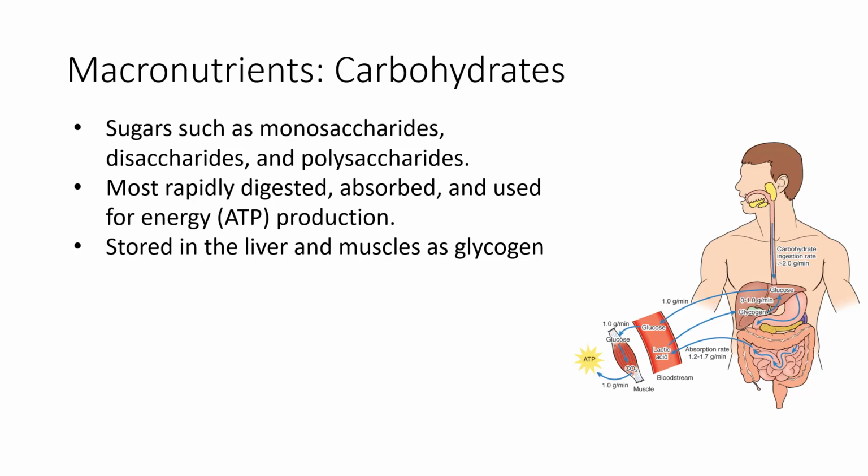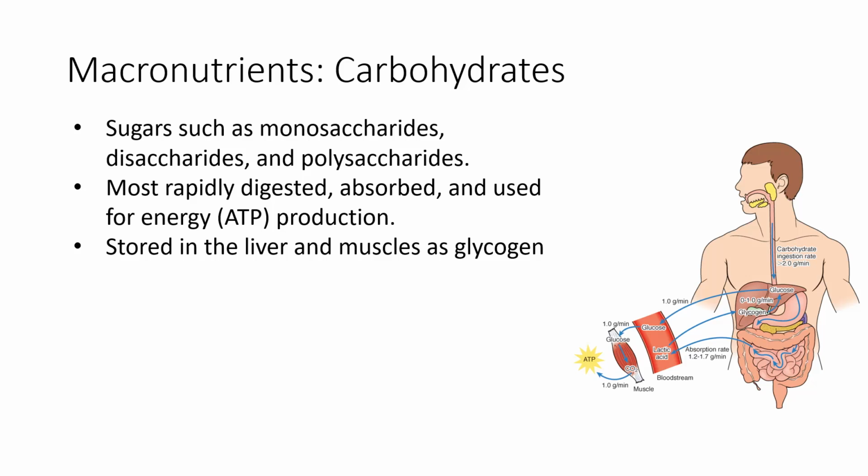Carbohydrates are sugars such as monosaccharides, disaccharides, and polysaccharides. Mono means one. Saccharide is talking about a sugar. So a monosaccharide consists of one building block, and those are the building blocks of all carbohydrates. An example of a monosaccharide would be glucose. Di means two.